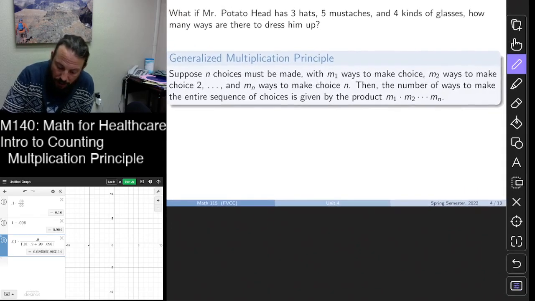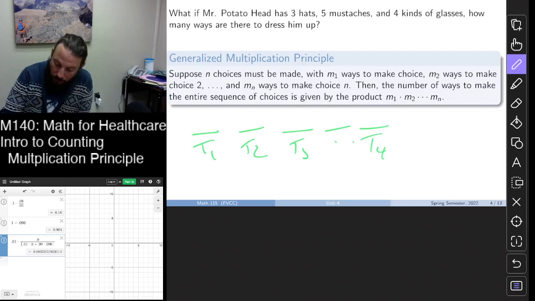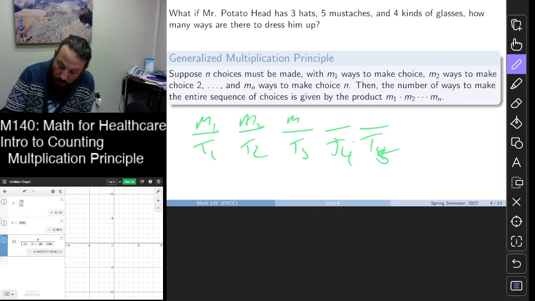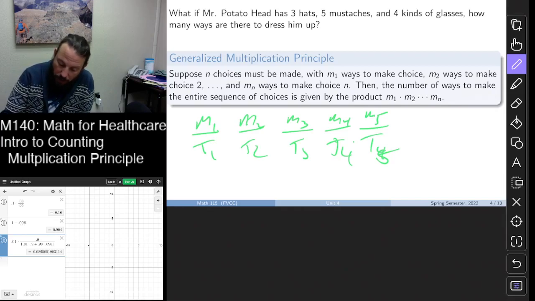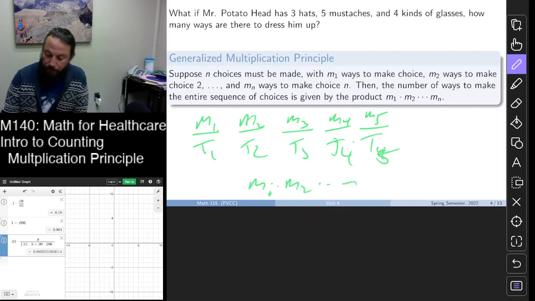Another way to think about that: I have task 1, task 2, task 3, task 4, and task 5, and it would be m1 ways to do task 1, m2 ways to do task 2, m3 ways to do task 3, m4 ways to do task 4, and m5 ways to do task 5, just like with Mr. Potato Head, and we just multiply those all together.